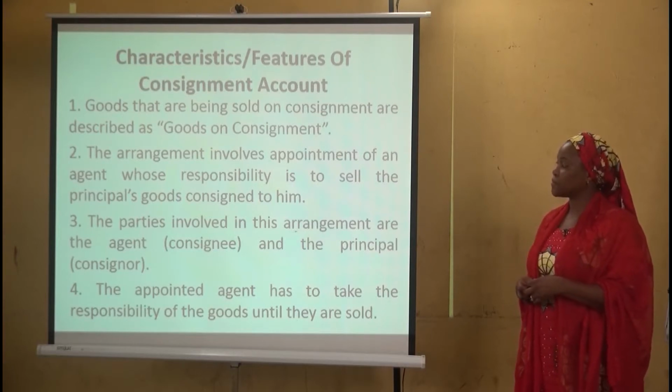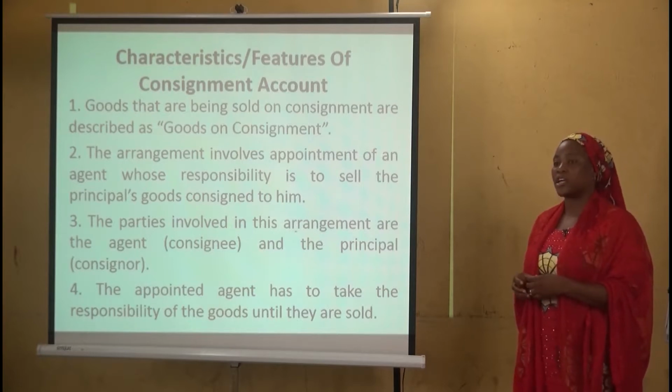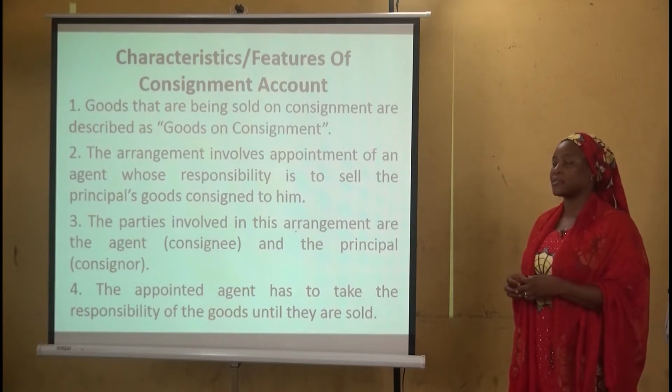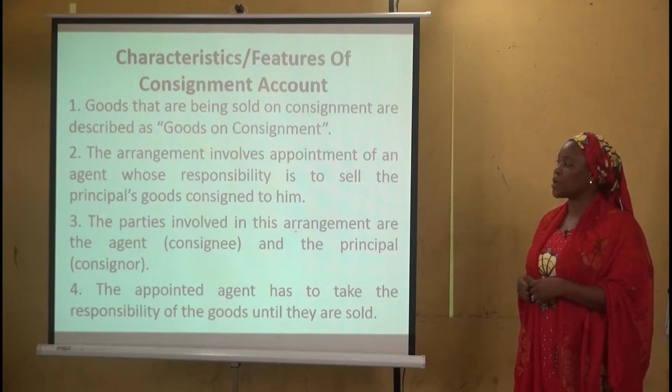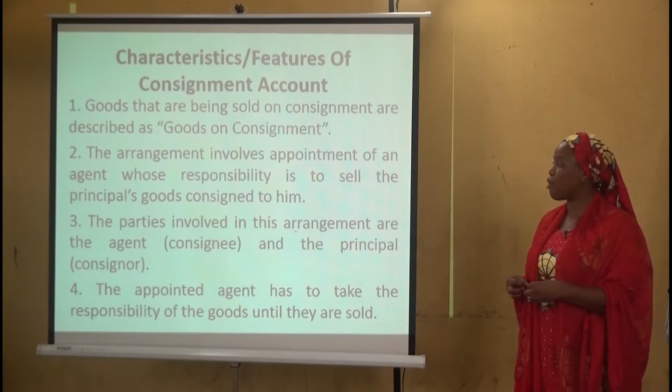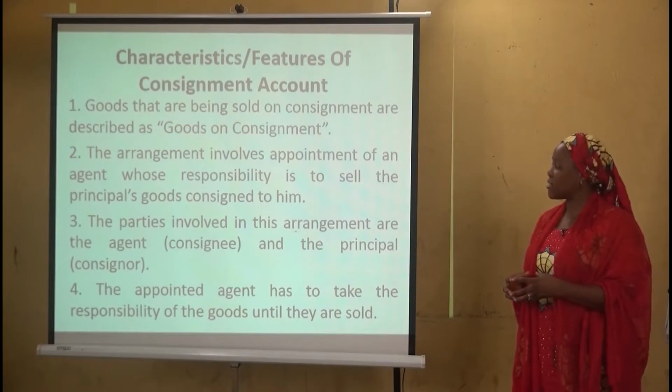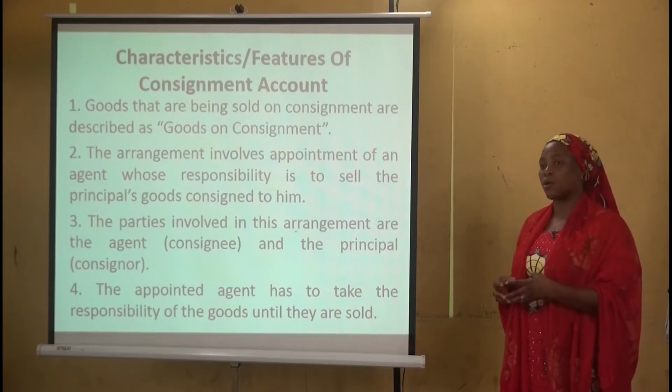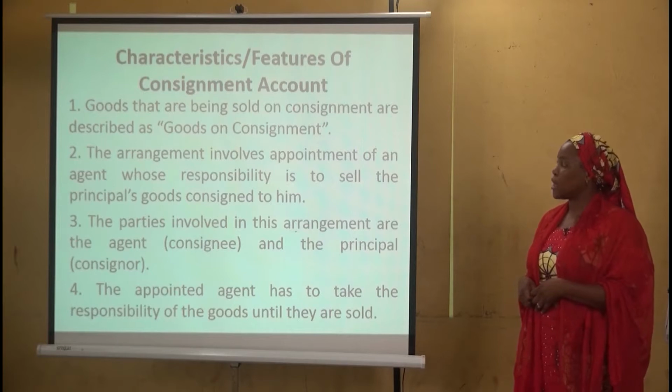Thirdly, the parties involved in this arrangement are the agent, who is the consignee, and the principal, who is the consignor. Here we can see there are two parties involved.